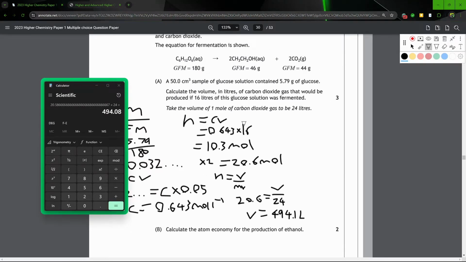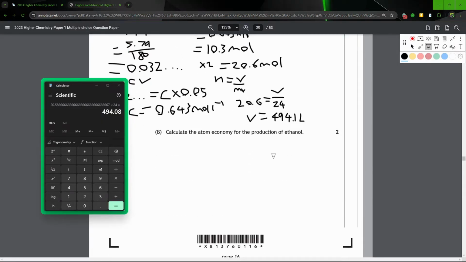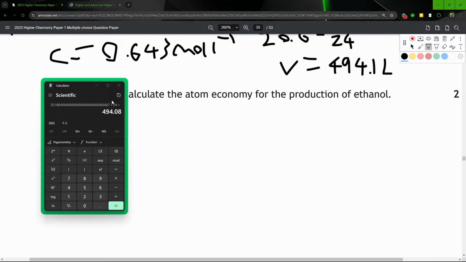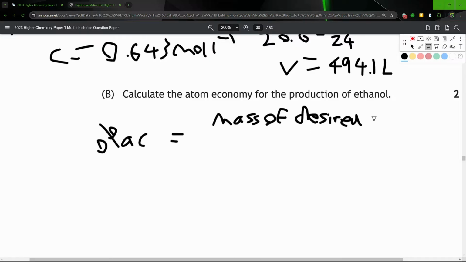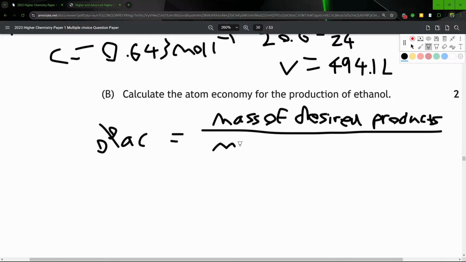Calculate the atom economy for the production of ethanol. Okay, so the atom economy, remember, I'm going to represent it as percentage AE, is equal to the mass of desired products over the mass of reactants.